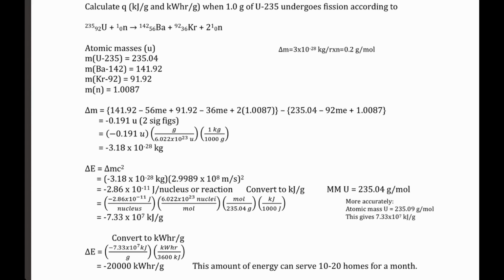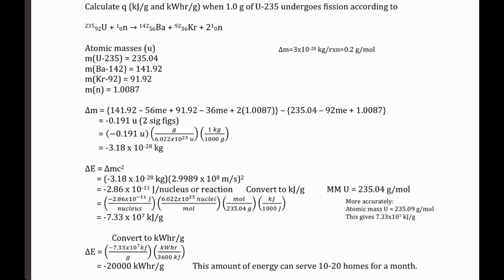Okay, since we're given atomic masses, what we have to do is take the atomic mass and subtract the electron masses. Okay, delta M, we're looking at products minus reactants.